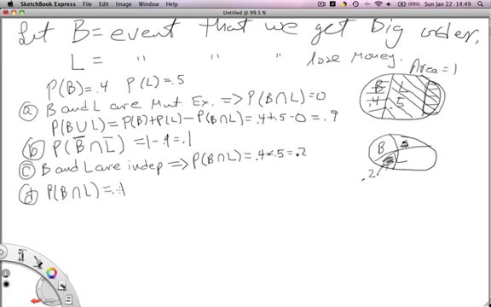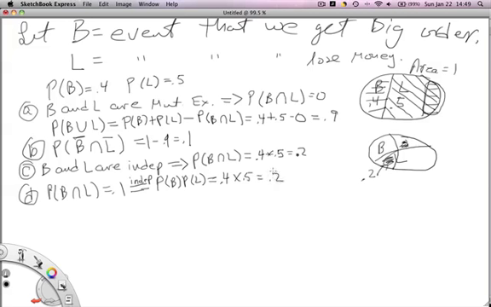The way to do this is to go back to the definition of independence. Under independence, the probability of B and L both occurring, by definition, is the probability of B times the probability of L. So let's write in the probabilities of B and L. This is just going to be 0.4 times 0.5, and that's 0.2.